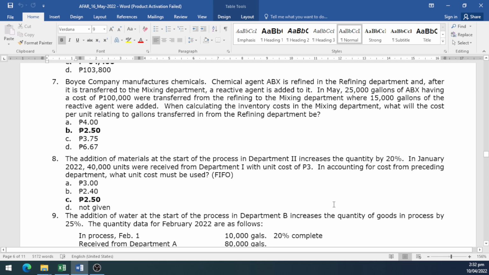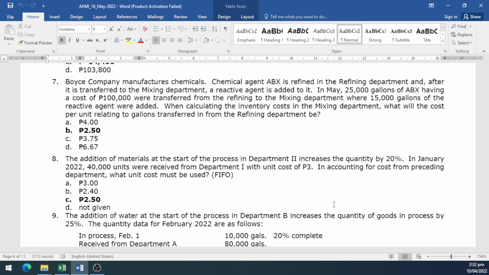Look at this class, number 7. Chemical agent ABX is refined in the refining department, and after it is transferred to the mixing department, a reactive agent is added to it. So may materials added, and then that will increase the volume.